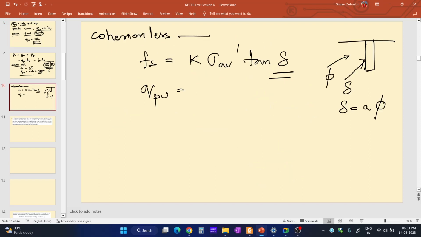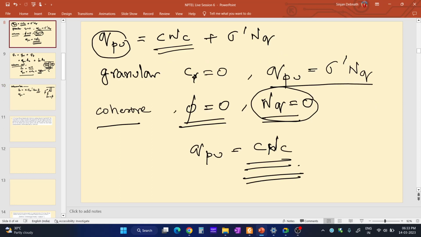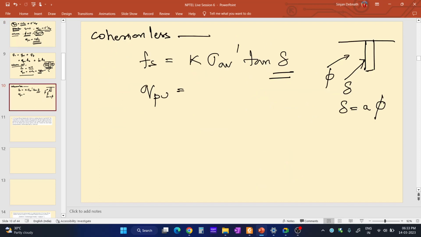This is also for cohesionless soil, granular soil. So qpu can also be written as sigma dash into Nq. Sigma dash is the effective overburden pressure, and Nq is the surcharge bearing capacity factor. So if you have any problem or any doubts, please let me know.